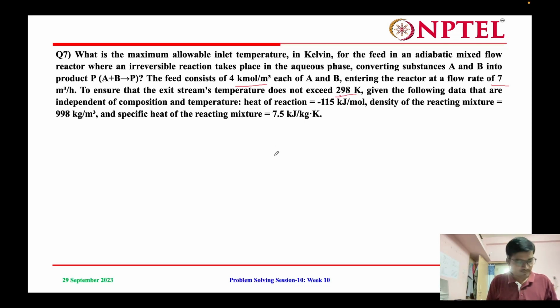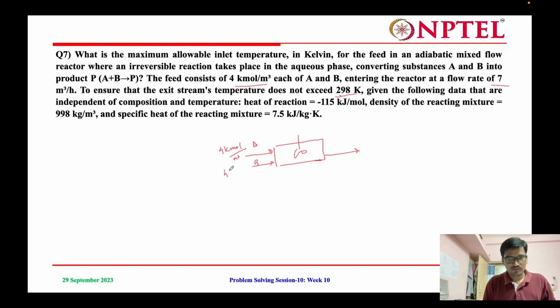The adiabatic mixed flow diagram. 4 kilomole per meter cube.